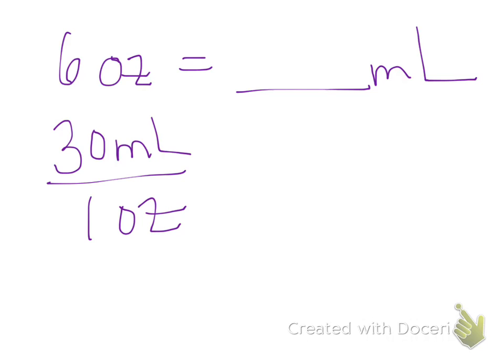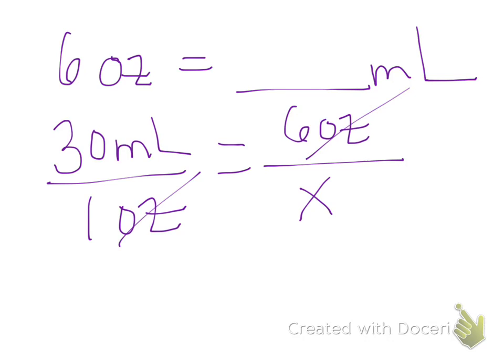So I can see why these last few questions were put on this exam, because these are ones that you should memorize in your head. And we're going to put the 6 ounces up here over X, cross that out, and you're going to multiply these two equals the 180 mLs.